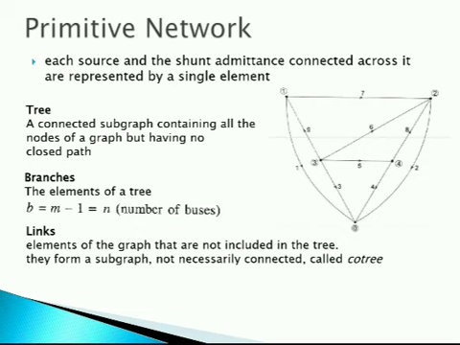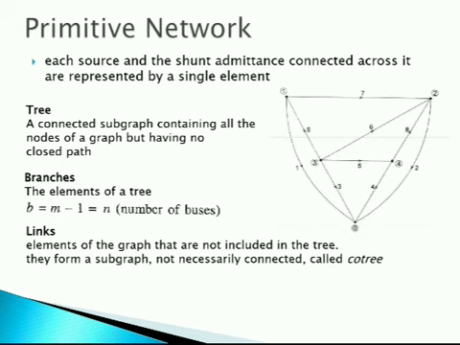One of them is called a tree and the other is called the links. What is a tree? A tree is the subgraph that connects all the nodes of the graph, but does not have any closed loop. The tree has branches, that is, the elements.